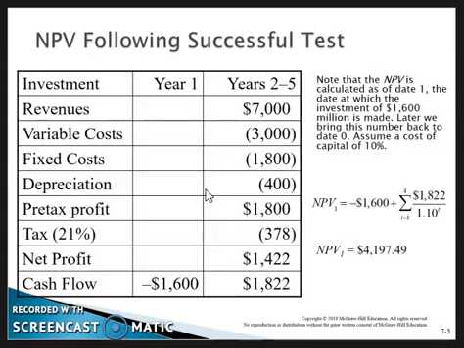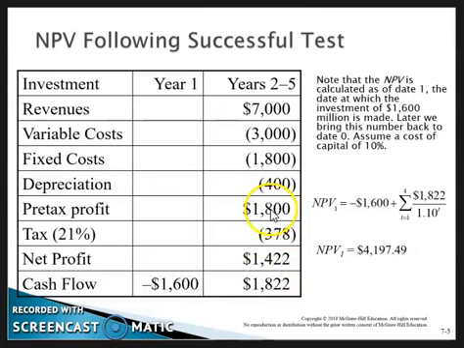So if we have a successful test, in year one we're going to invest $1.6 billion, and then in years 2 through 5, we'll have $7 billion in sales, $3 billion variable costs, $1.8 billion in fixed costs, and $400 million in depreciation. That leads to a pre-tax profit of $1.8 billion. We'll pay $378 million in taxes, which will result in a $1.4 billion profit.